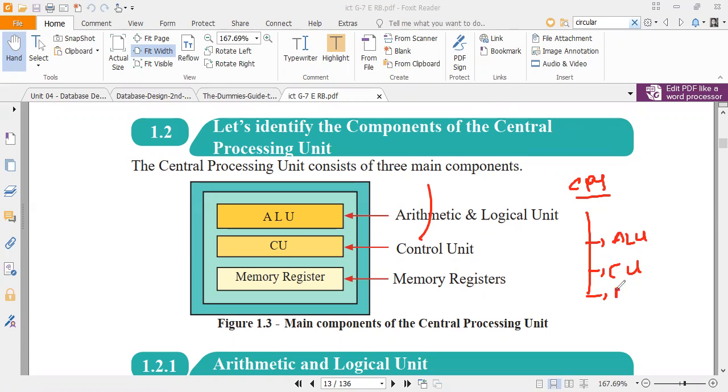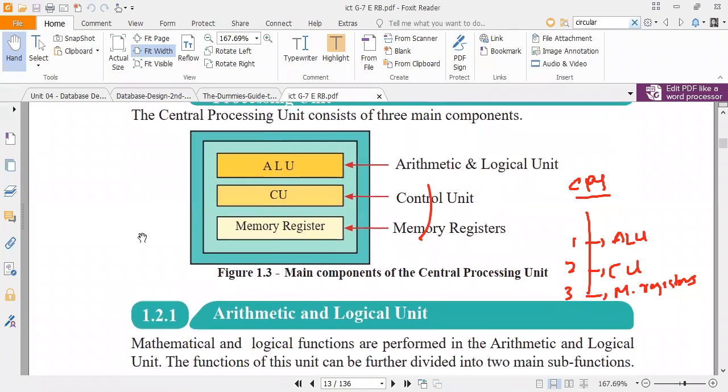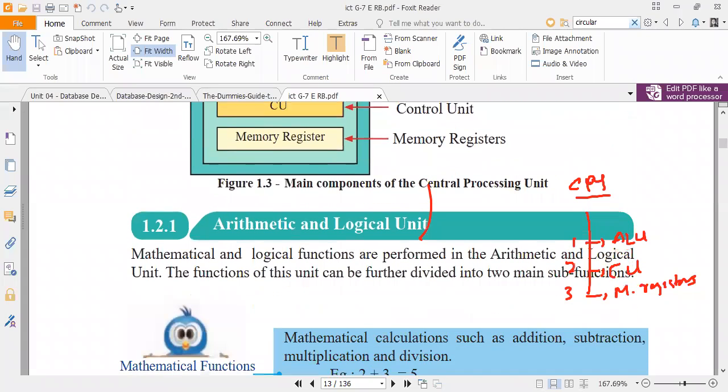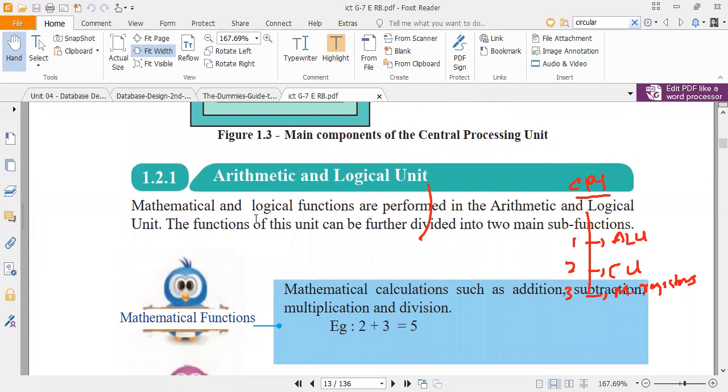Third, memory registers. All these are very important, so we have to understand each one separately. So the CPU consists of three different areas: ALU, CU, and memory register. These are the main components of the central processing unit.